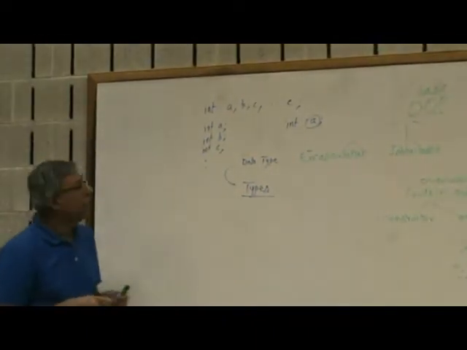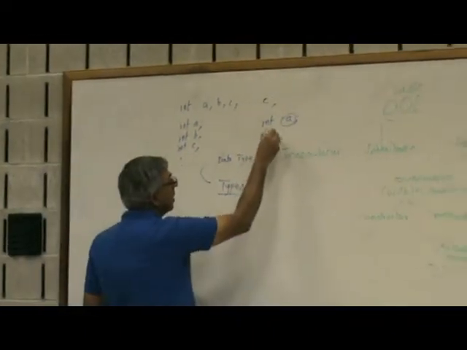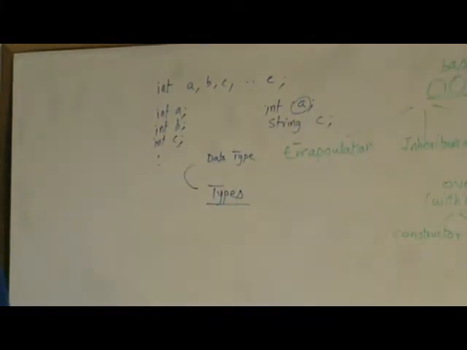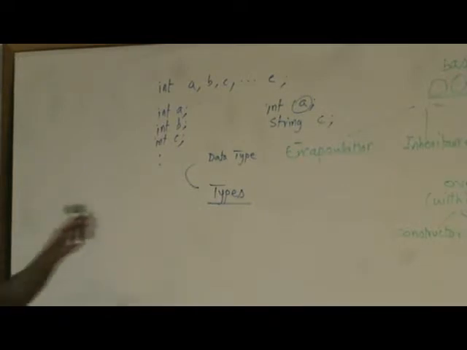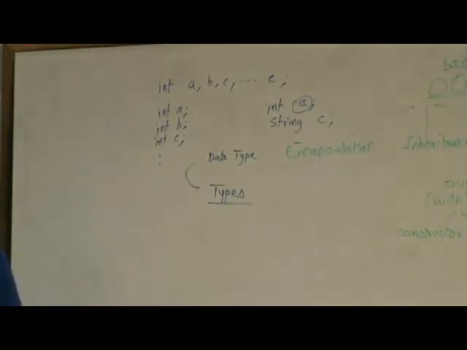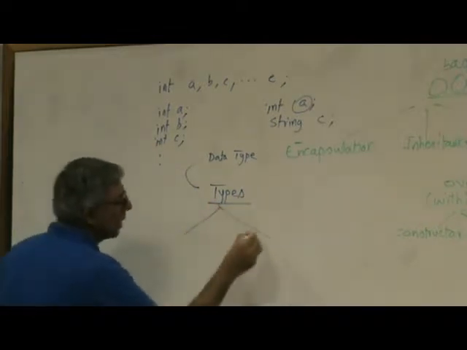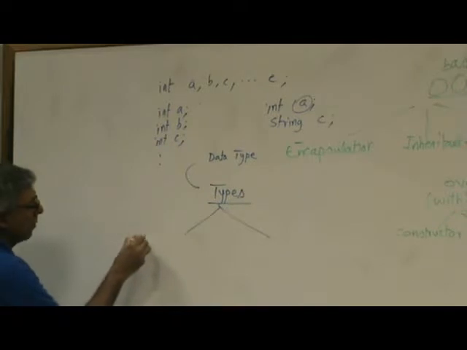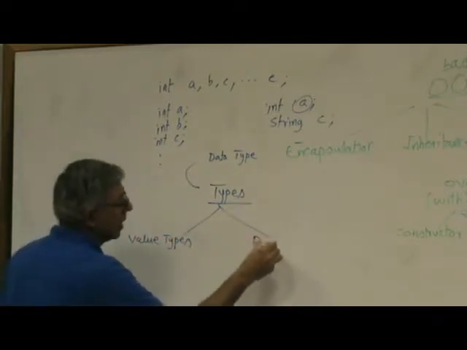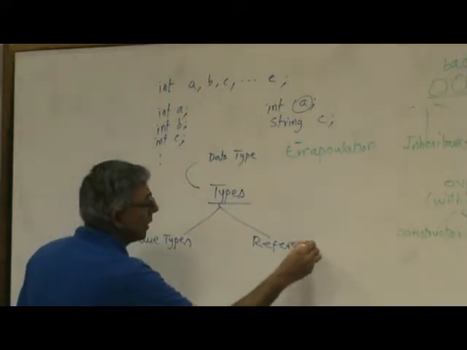Int, right? If I say string c, what's the data type of c? String, right? Rather than every time calling it a data type, sometimes people just say types, okay? So types go into 2 categories. They go into what we call value types and reference types.